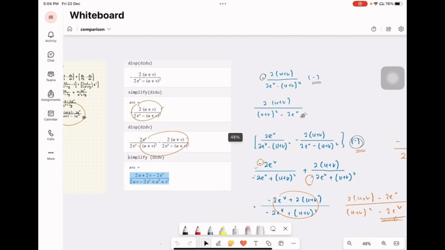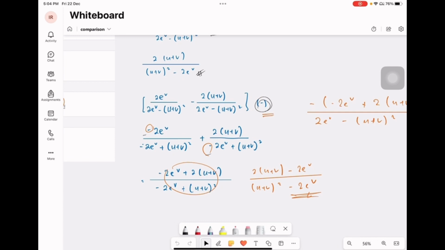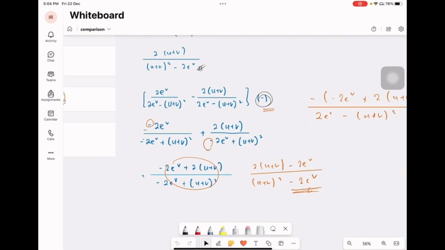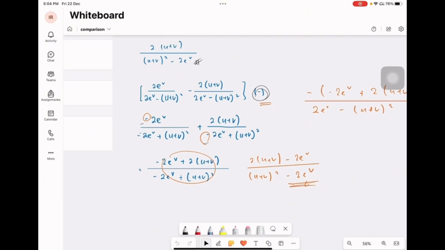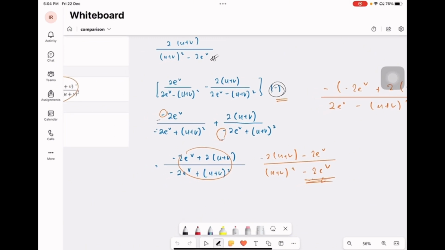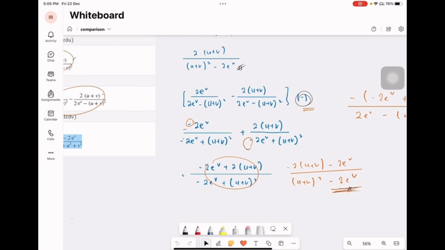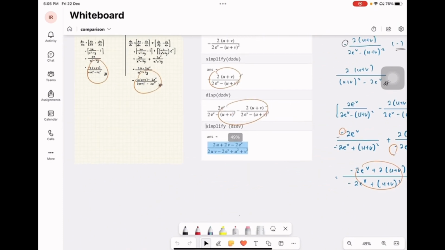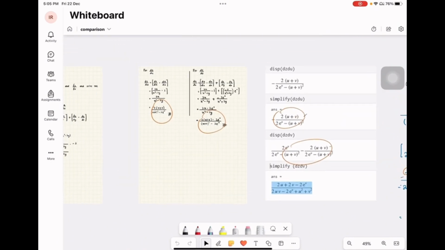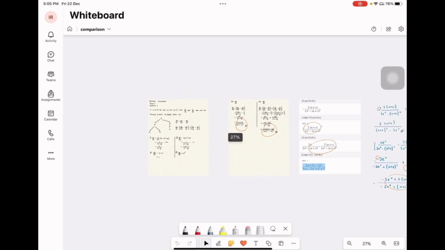For the final answer for the MATLAB simulation, after we rearrange it, the positive sign is in front and the negative sign is at the back. This is the final answer. And after we compare the MATLAB simulation answer with the manual calculation answer, they are aligned with each other.